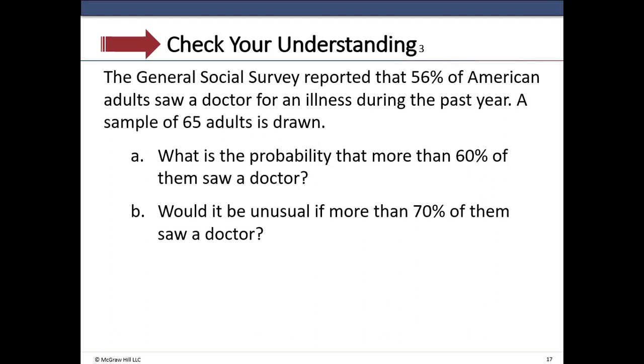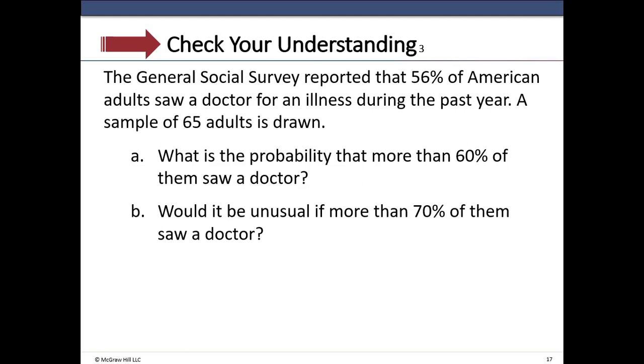That is your number of successes, which is greater than 10. Now let's check the number of failures: total number of adults is 65, out of which the successes are 36.4, so the number of failures is 28.6. Both n times p and n times 1 minus p are greater than 10. Hence, we can use the normal distribution to find the probability for p hat.